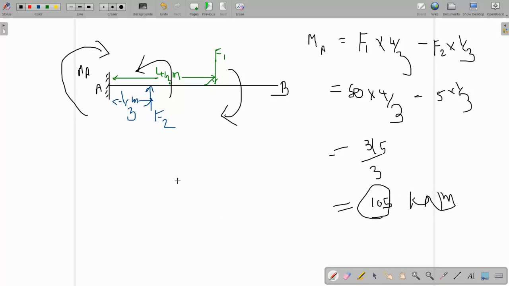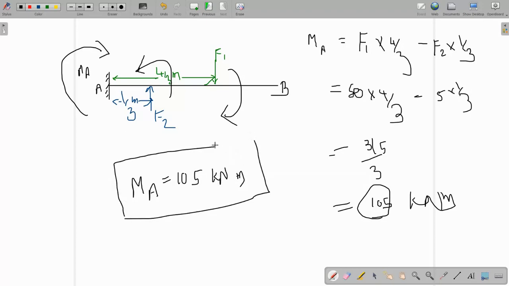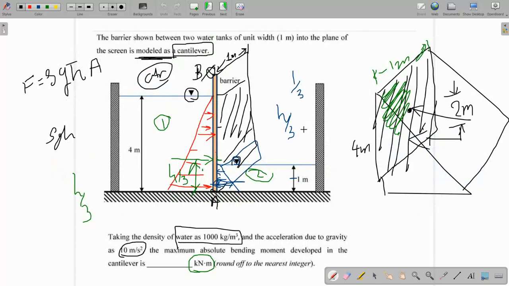So this is the answer. Moment about point A is 105 kilonewton meter. We have to write 105 in the question. So this is the method of how you have to solve it.